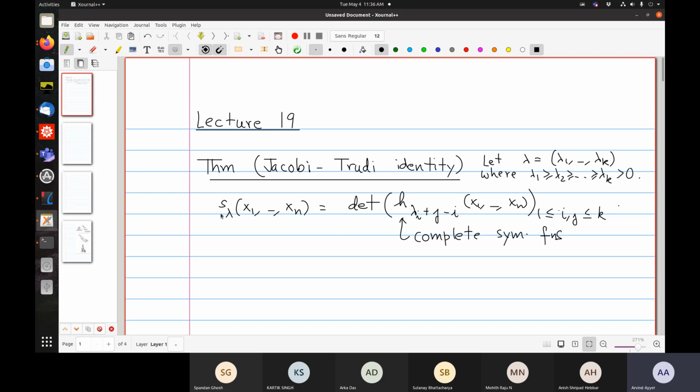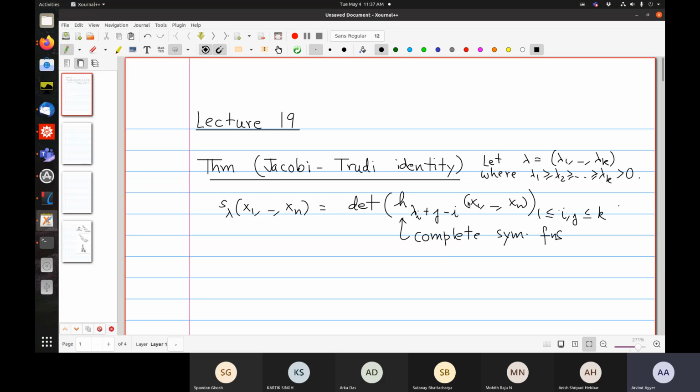This is a natural and elegant expression for the Schur functions in terms of the complete homogeneous ones. But notice this involves products also, so it involves the full algebra of symmetric functions. It's not just a linear combination. And these are h_n's.